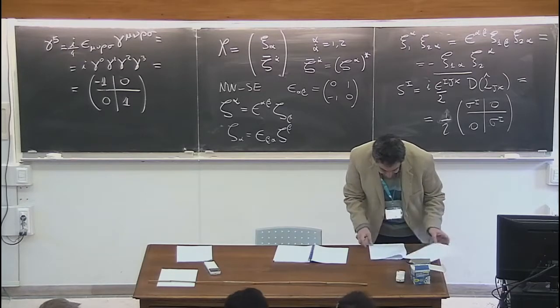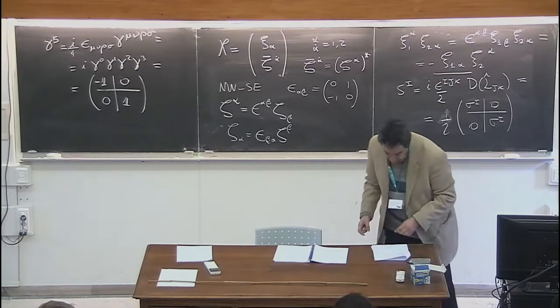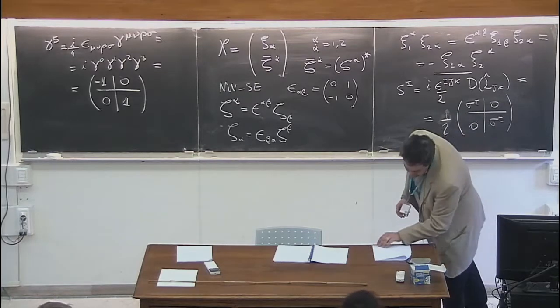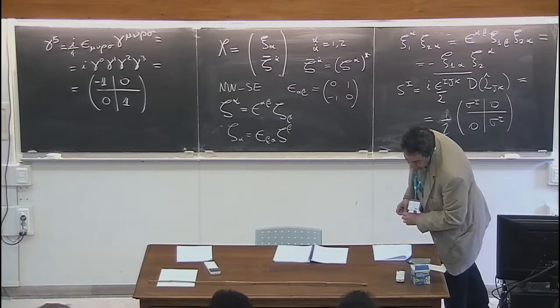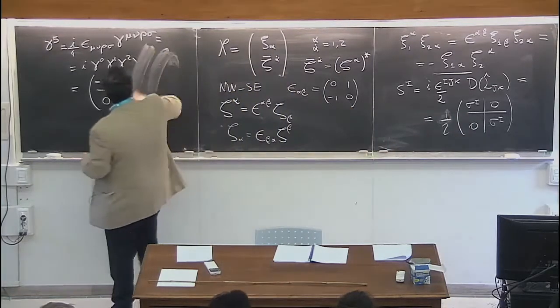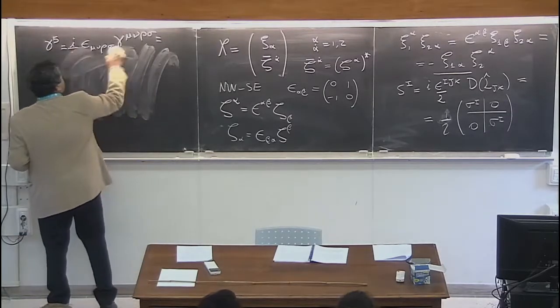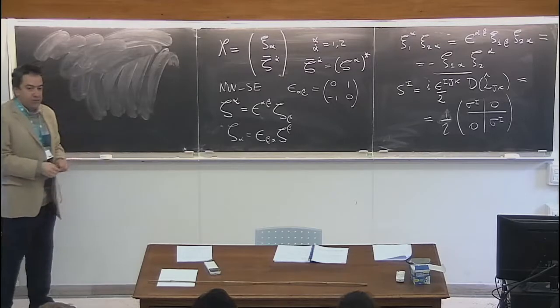So if we have one spinor in this form here, we can compute its Dirac conjugate and its charge conjugate.